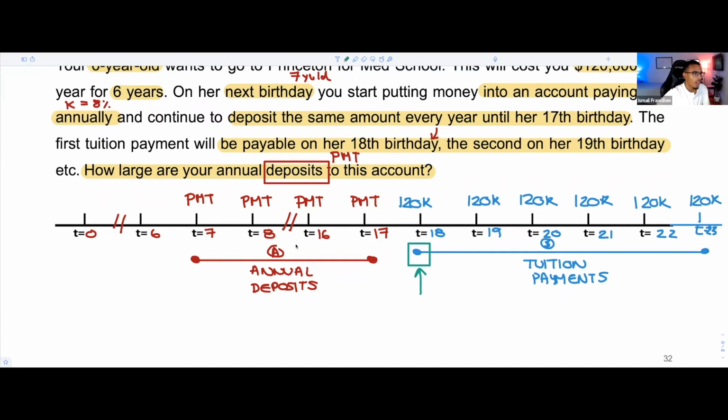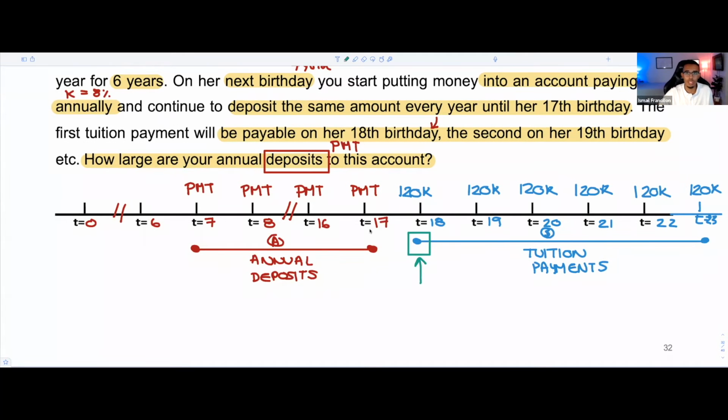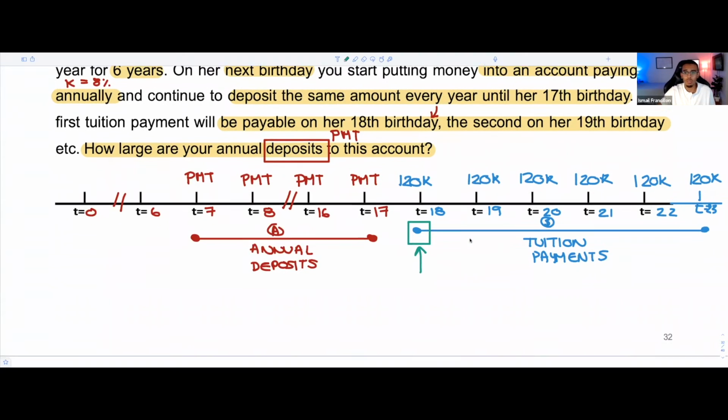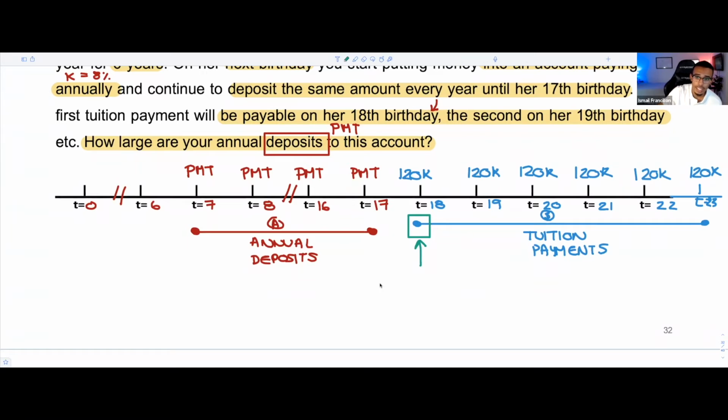In other words, how much money do you need to have by T18? You can actually break this down by doing the following, assuming that you would always invest money. So what we would do to find the amount of money needed at T18 is find the present value of these tuition payments.